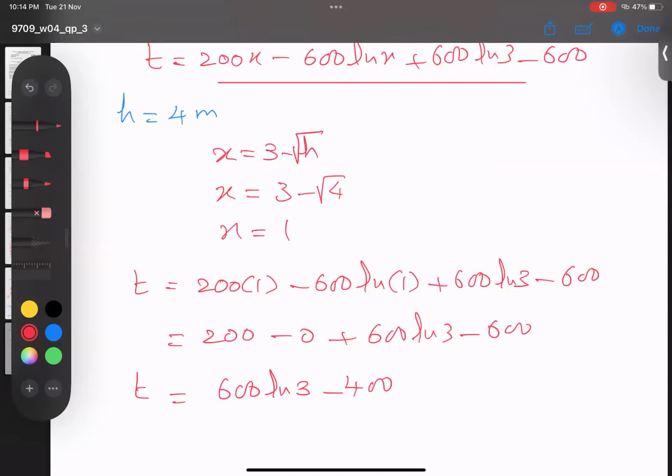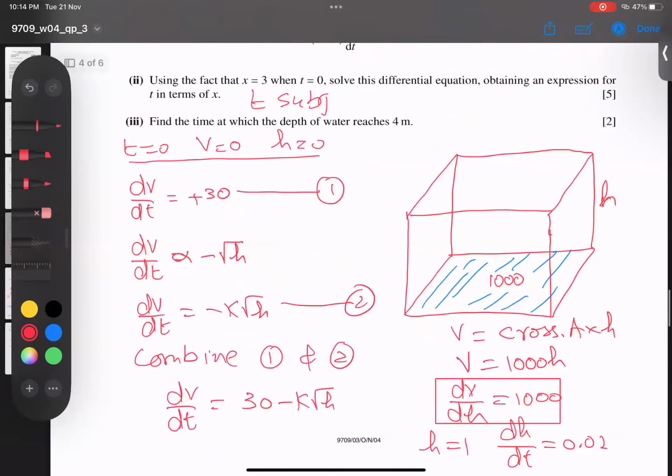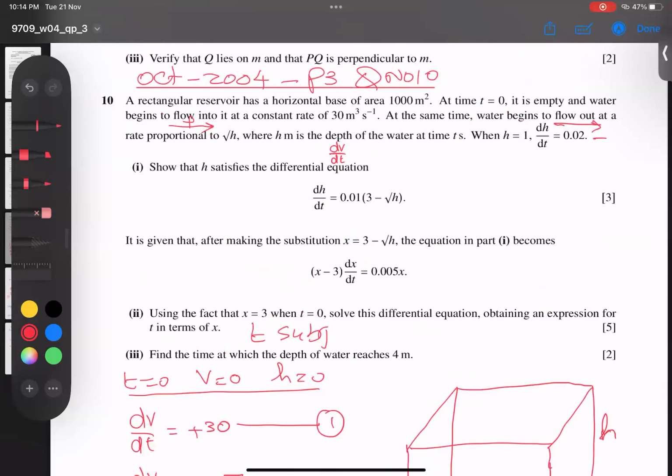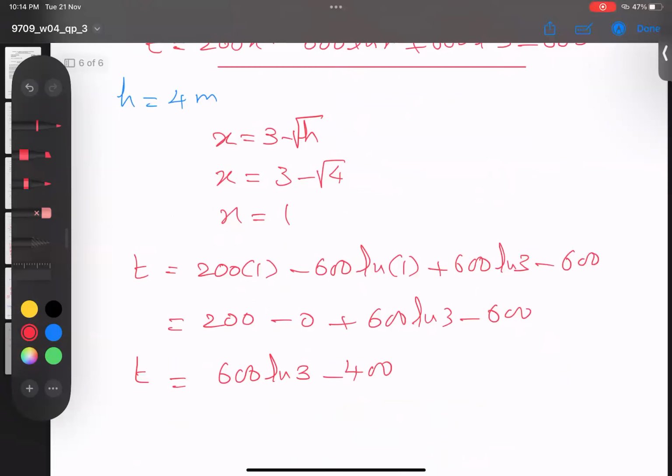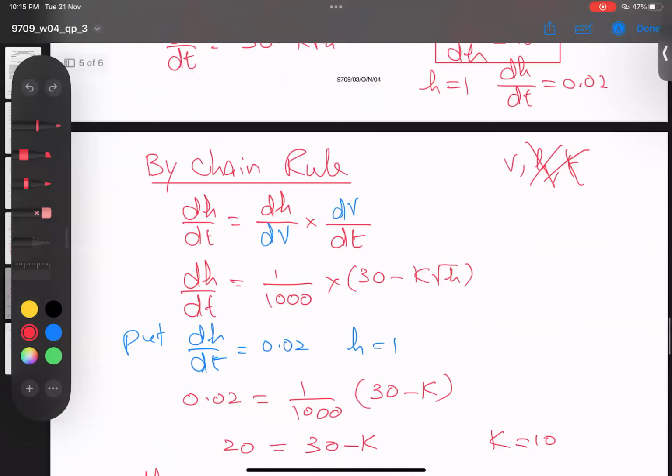He did not mention an exact answer, so you can type it in the calculator. So 600 times log of 3 minus 400, and the answer is 259.167 after rounding. Let me check the units, please.